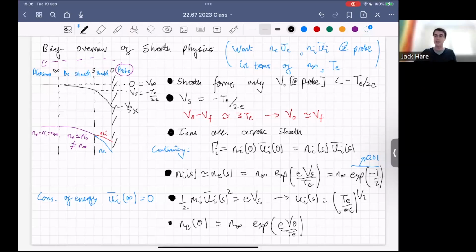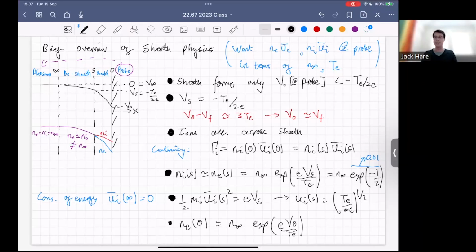So that's going to depend, in this case, for the electrons, exactly on the probe potential. For the ions, we made use of this trick using the continuity equation to avoid actually knowing what their density was at the probe, because it's clearly no longer equal to the electrons, and so we can't use the electron-Boltzmann equation of state in order to get it.